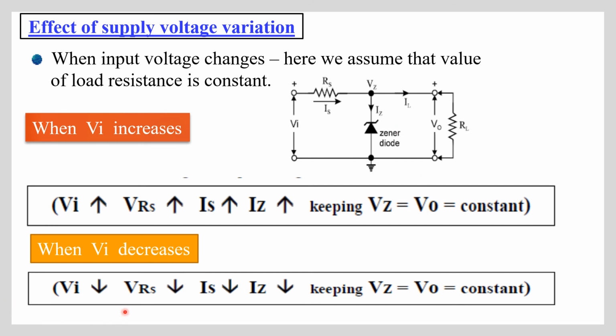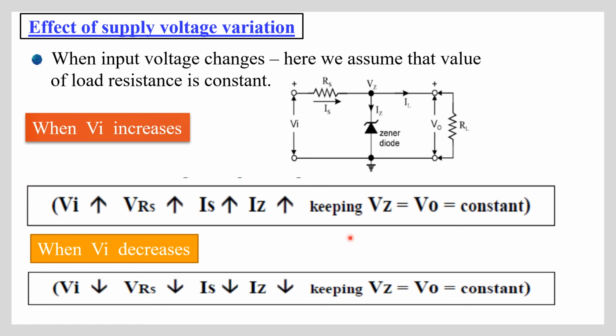So when Vi decreases, Vrs, the voltage drop across the resistance, decreases, the current also decreases, and the current across the Zener diode decreases, keeping Vz or Vo constant. So by increasing and decreasing the drop across Rs, we can keep the voltage constant. So here we use the Zener diode to keep the output voltage constant. So that is the effect of supply voltage variation.